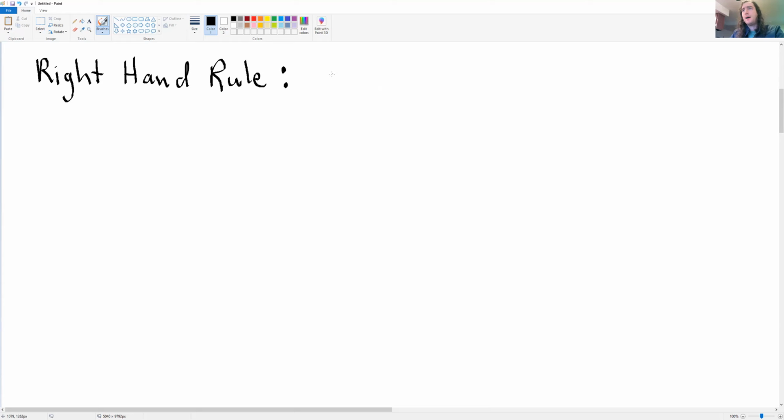But anytime you have an expression involving a cross product, so let's say some vector C is the cross product of two vectors A and B, I can take my right hand and put fingers in the direction of the first vector in the cross product.